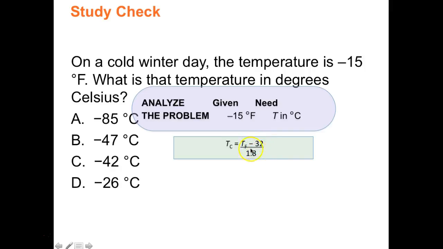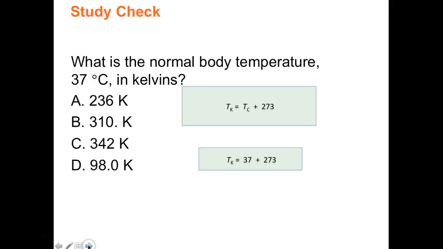Then you divide your result by 1.8. Minus 15 minus 32, you're simply adding the two, gives minus 47, and when you divide by 1.8, you get minus 26 degrees centigrade. That would be answer D.